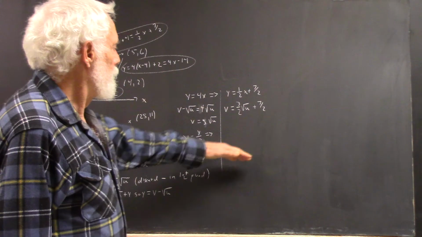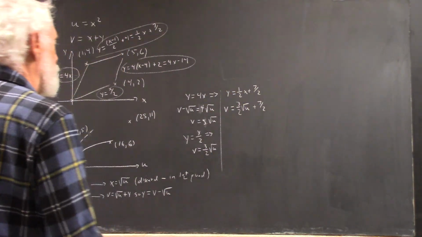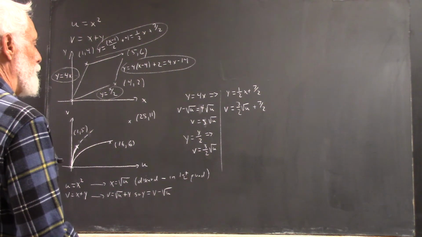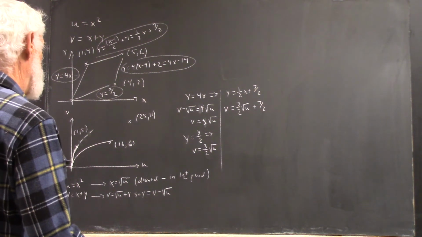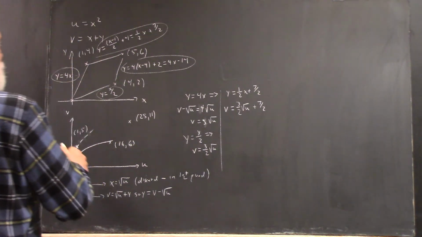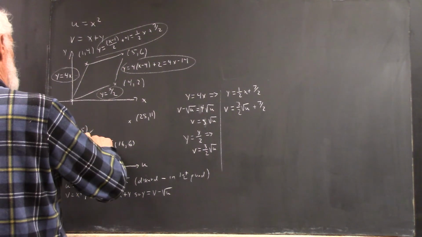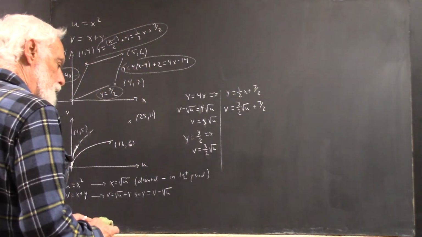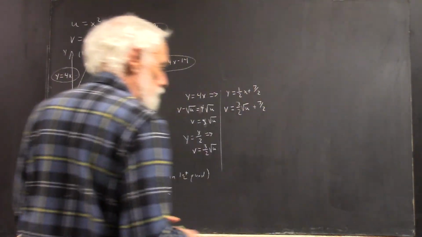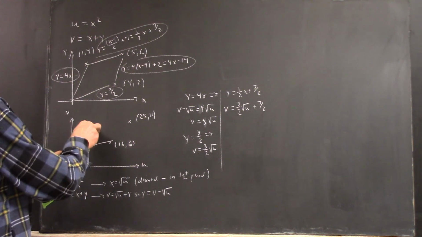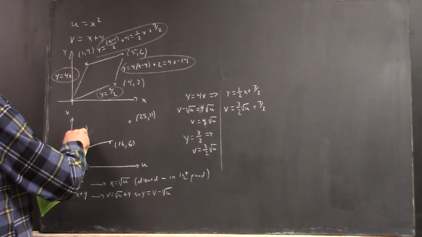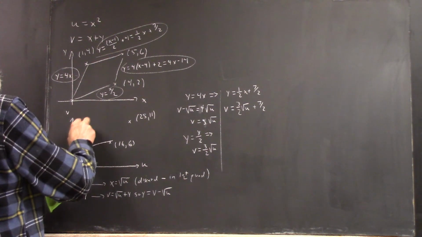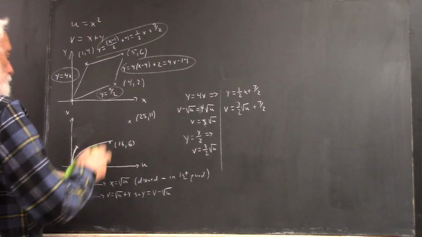In other words, that's just going to be a vertical shift. Wait a minute. Yeah, it is. Okay. That's an error on my part. And I guess I'm going to have to get rid of my (1, 5) here.